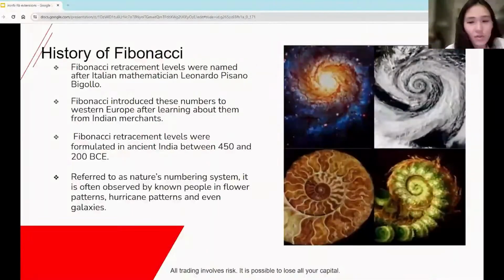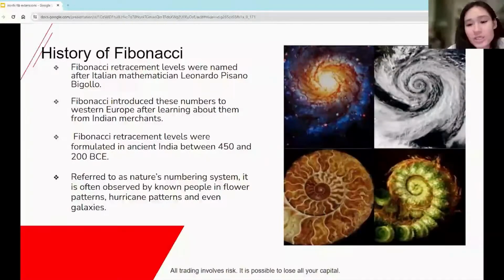Starting off with a quick history lesson on the origins of Fibonacci. Fibonacci retracement levels were named after Italian mathematician Leonardo Pisano Bigolo, famously known as Leonardo Fibonacci. However, he did not create the Fibonacci sequence.